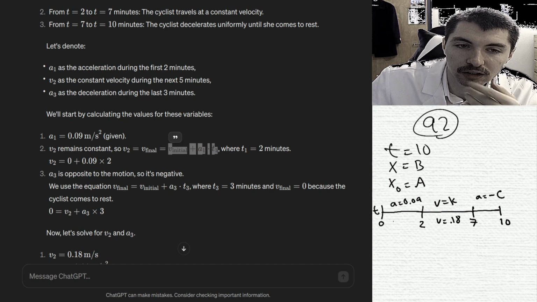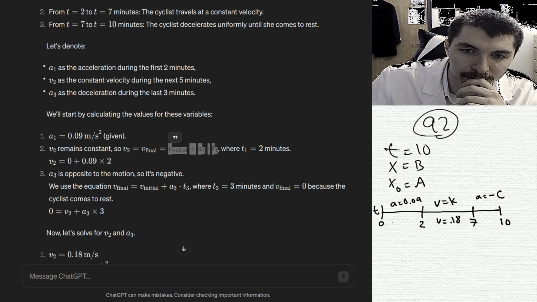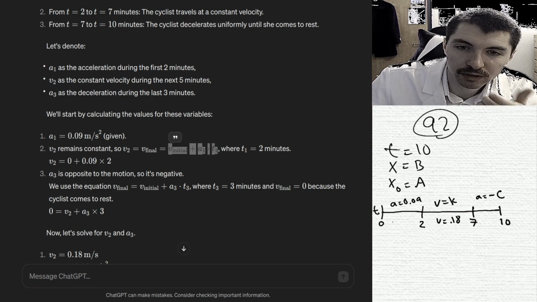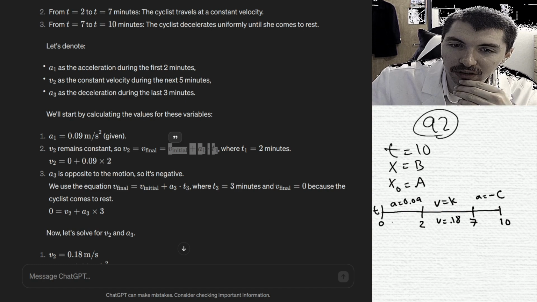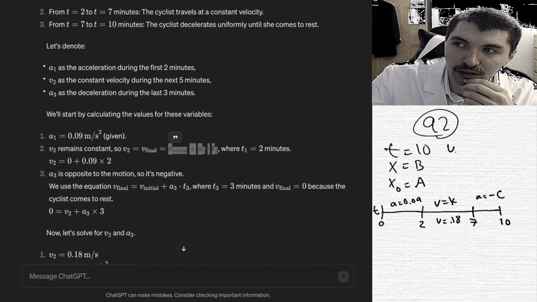So it doesn't even calculate to V initial. We just assume it's 0. I'm assuming V naught is 0.